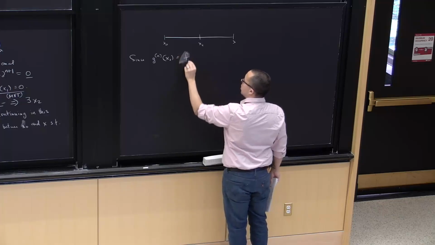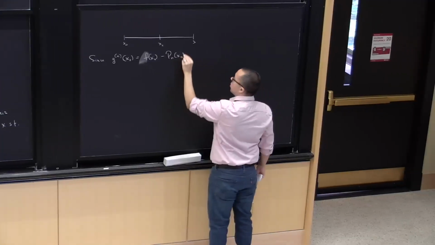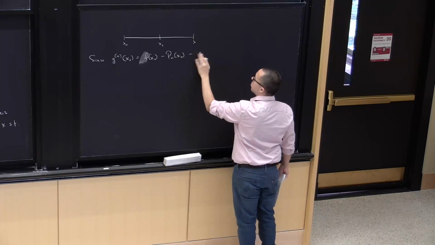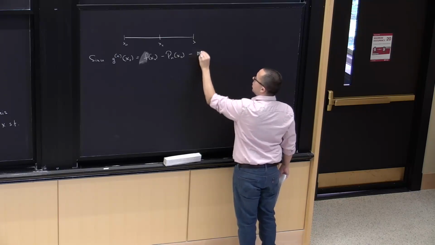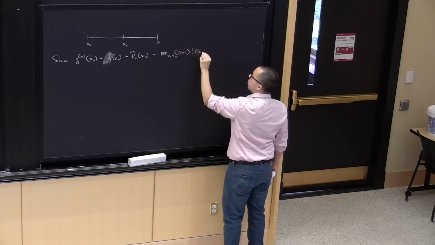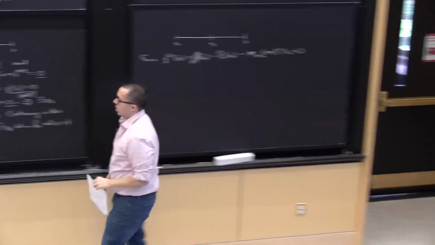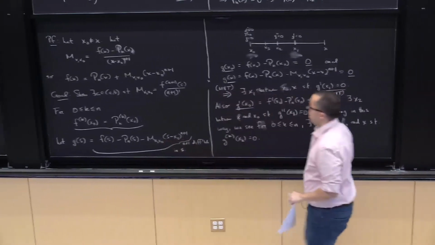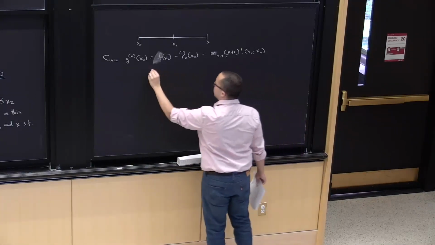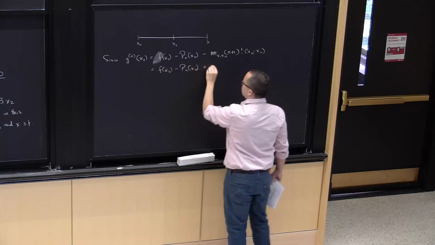This is equal to f of x0 minus Pn of x0, and I'll even write out this is equal to m of x0, x times n plus 1 factorial times x0 minus x0. This is what happens when I take n derivatives of this monomial here. So this, of course, is 0.